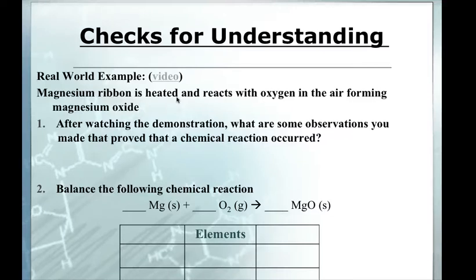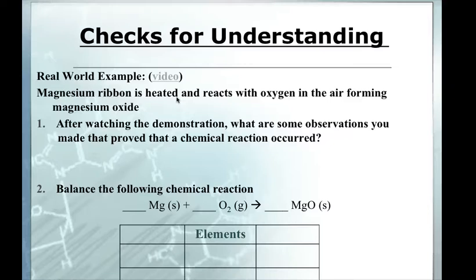And after watching the demo, what did you observe? Well, probably the most likely thing that you saw, obviously, was the light that was being given off. And the light being given off tells you that it was an exothermic reaction. Not that it gave off heat, but it gave off light. So exothermic is a reaction that gives off any form of energy. Also, one of the things that tells you it was a chemical reaction and not simply a physical change was the fact that you saw light being given off.